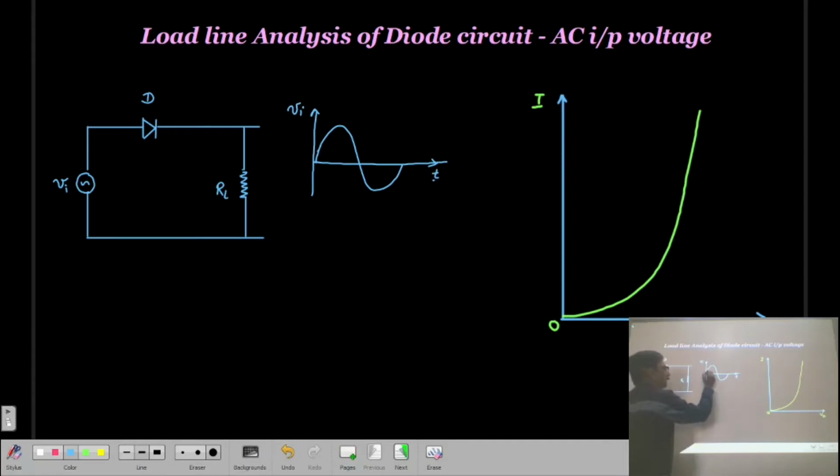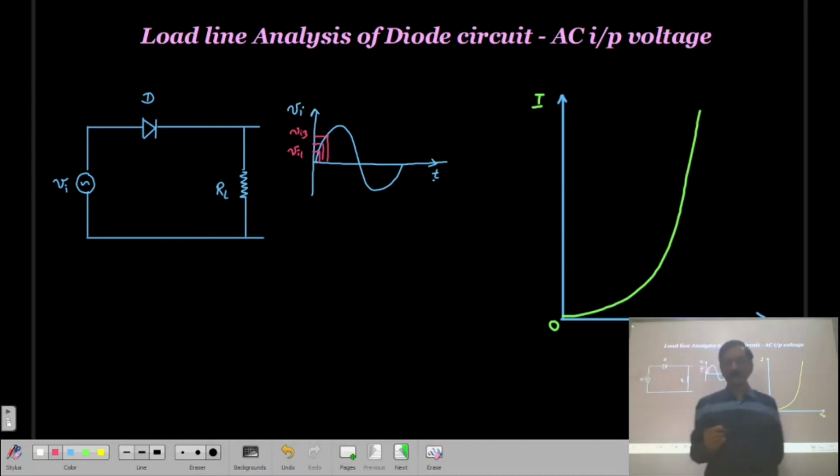At the time t1, we have the voltage Vi1. At the time t2, the voltage is Vi2. At the time t3, the voltage is Vi3.